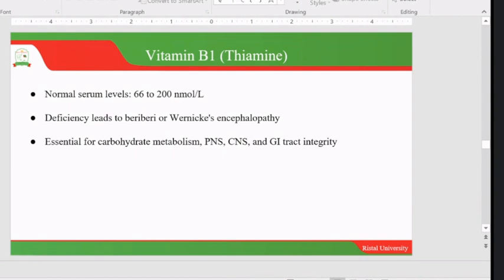Right. What are the normal serum levels? We have 66 to 200 nanomoles per liter, and the deficiencies could lead to beriberi or Wernicke's encephalopathy. And I hope we all have heard about beriberi.